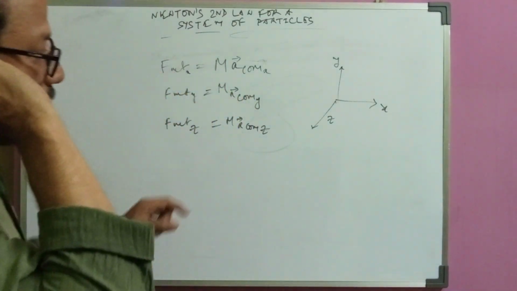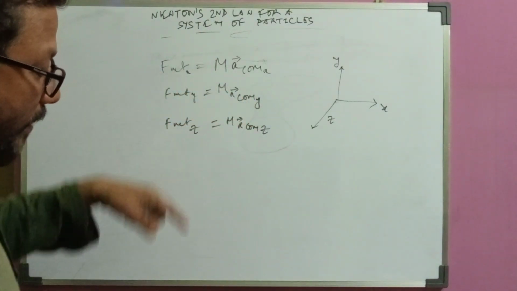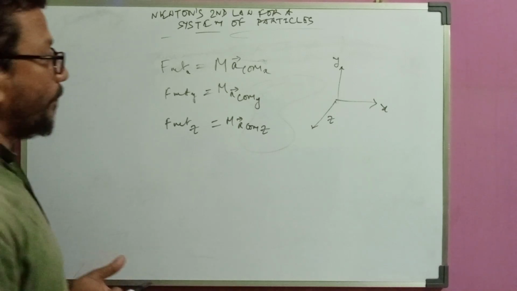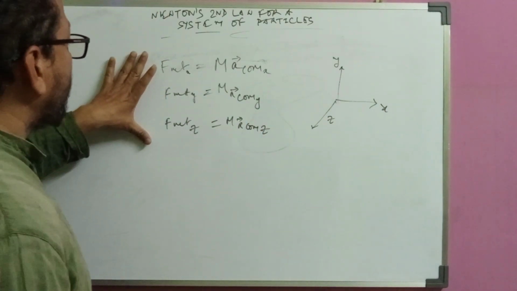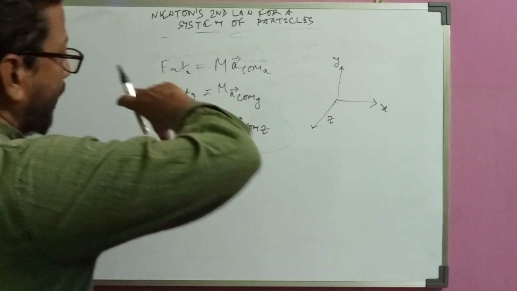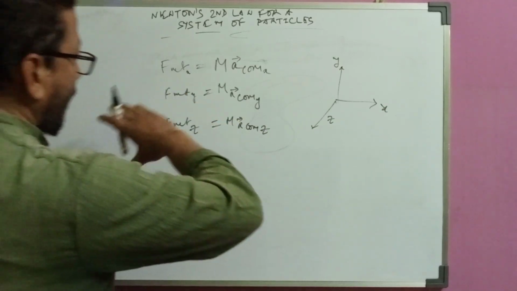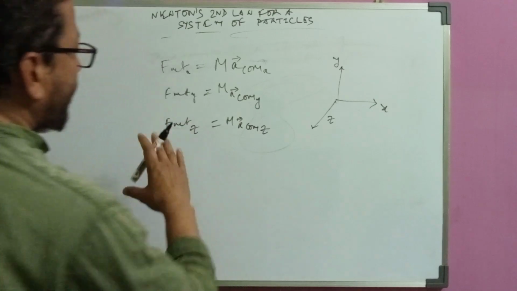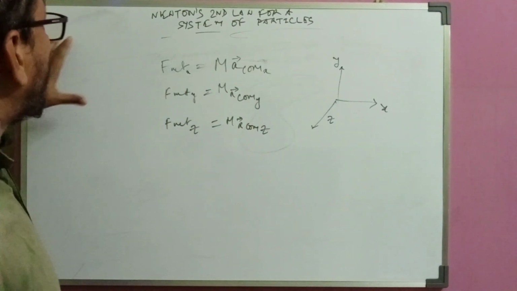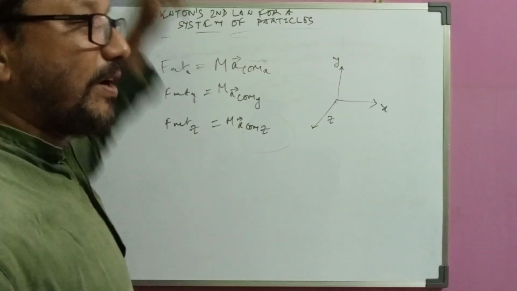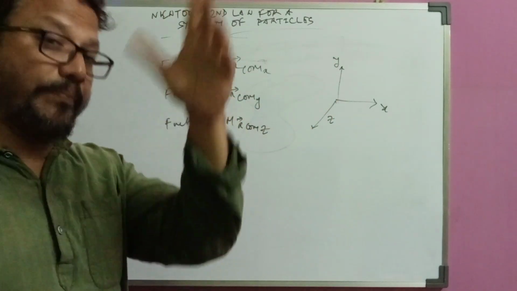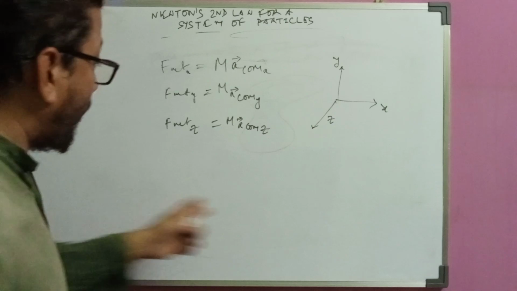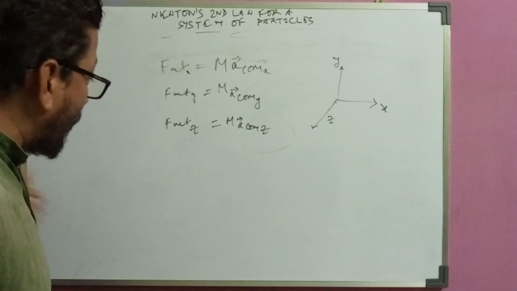Now along with this, we'll have to prove the first equation, number 1, what we learned previously. Equation number 1, keep it in mind, Fnet is equal to ma. Now we'll prove accordingly.